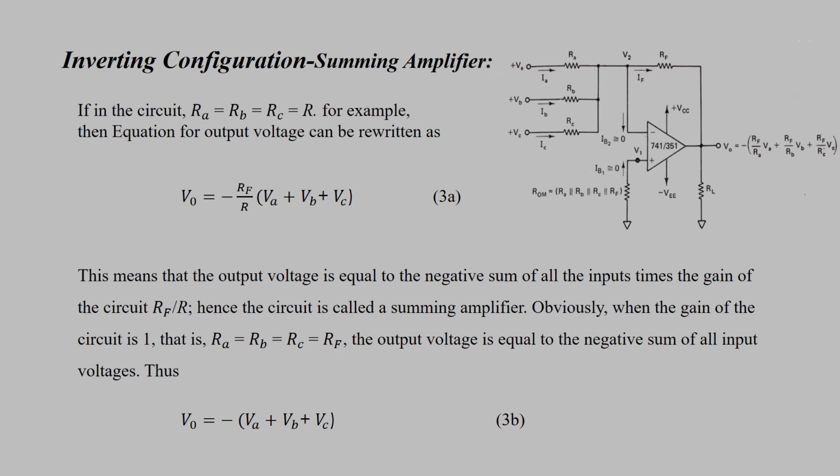In this circuit, if we make the resistance RA equal to RB equal to RC equal to R, then the output voltage VO becomes minus RF by R in bracket VA plus VB plus VC.